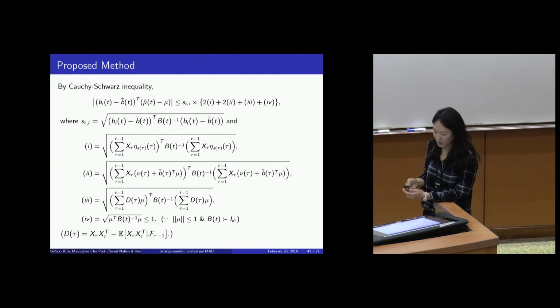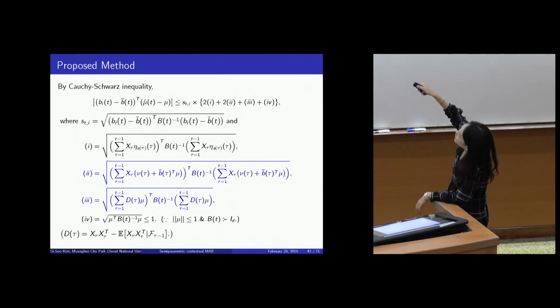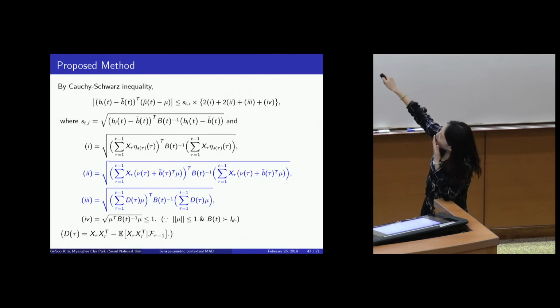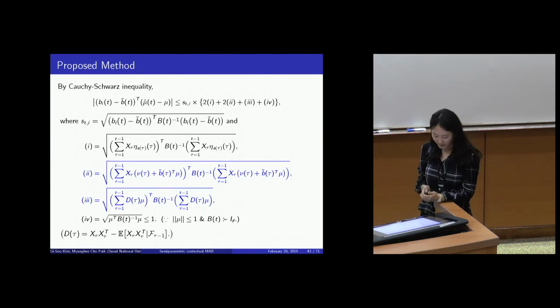So the problems are the two blue terms that arise because of the semi-parametric assumption, and also because of the use of a new denominator. Here, d tau is defined as x tau transpose minus its expectation.